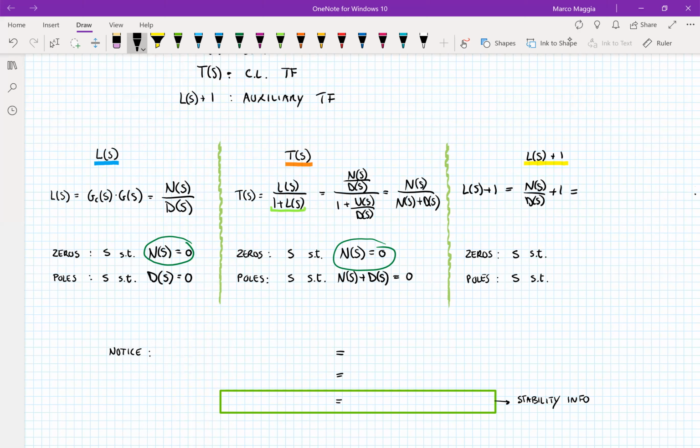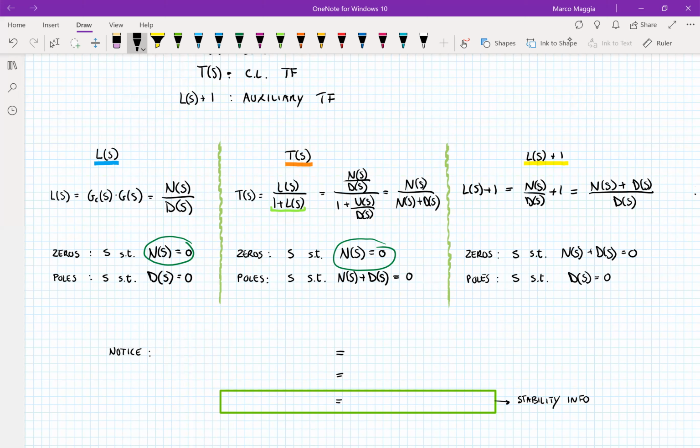Rearranging this, we have N of S plus D of S over D of S. So what are the zeros of L of S plus 1? Well, they are the solutions of N of S plus D of S equals 0. And the poles of this auxiliary transfer function are simply the solutions of D of S equals 0.